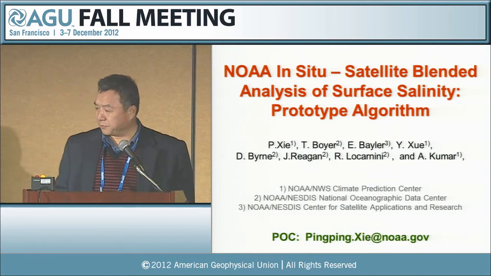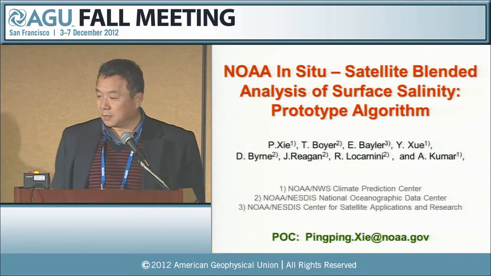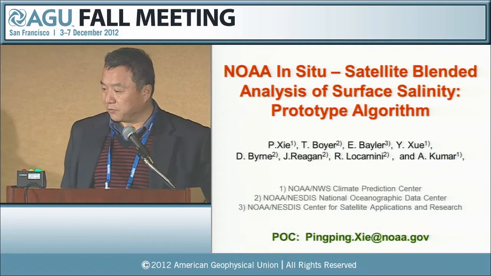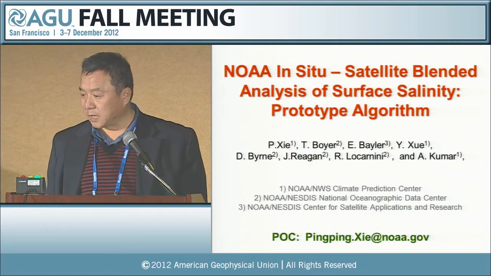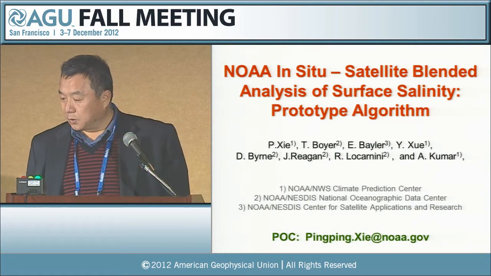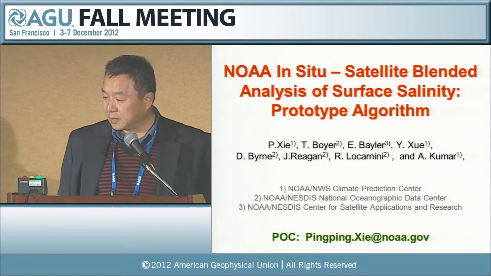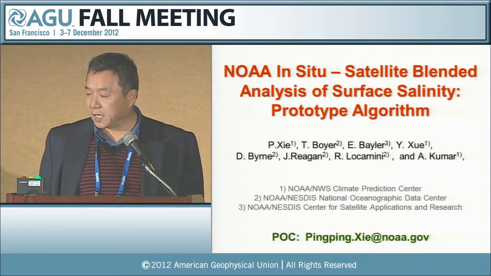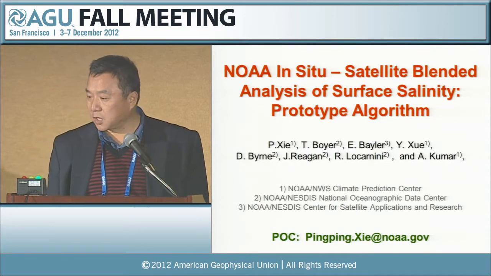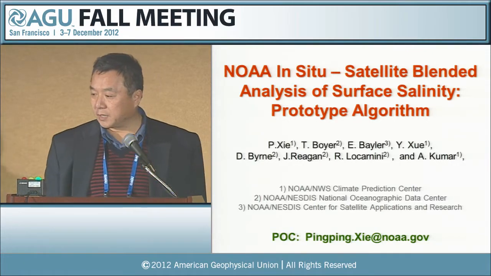This is Ping Shi from NOAA Climate Prediction Center. This work is a joint effort between three NOAA units: NOAA Climate Prediction Center, NOAA NESDIS STAR, and NOAA NODC. And of course, we get help from our colleagues with SMOS and Aquarius.